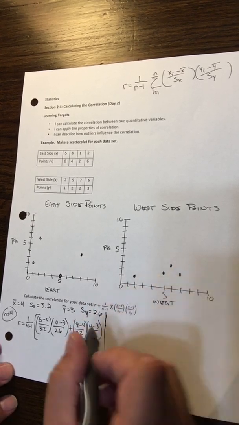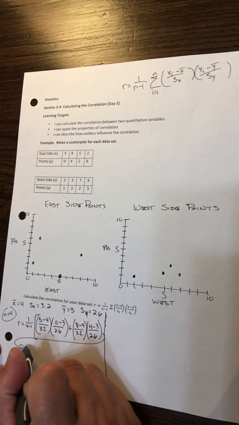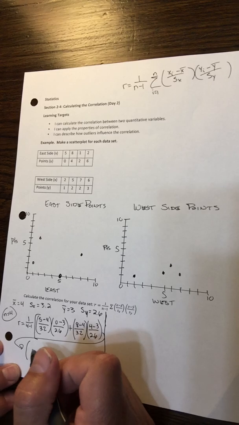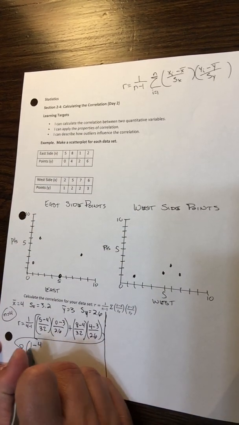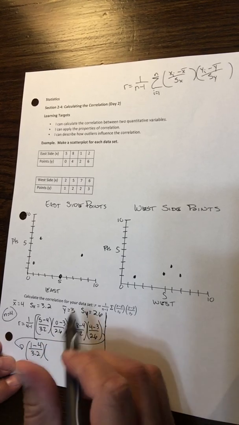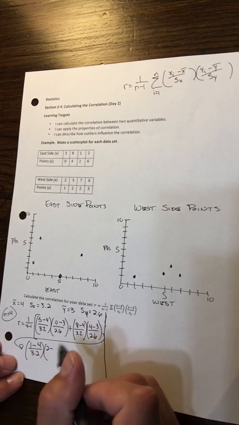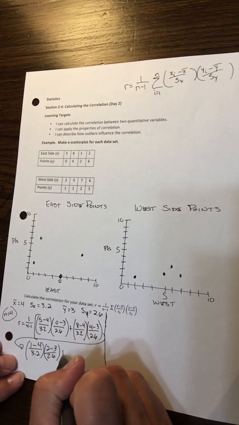I've got to add 2 more of these. And then the next one will be the point (1, 2). So I go 1 minus the mean of the x's, which is 4, over the standard deviation of x's, which is 3.2. And then I go 2 minus the mean of the y's, which is 3, over the standard deviation of y's, which is 2.6.